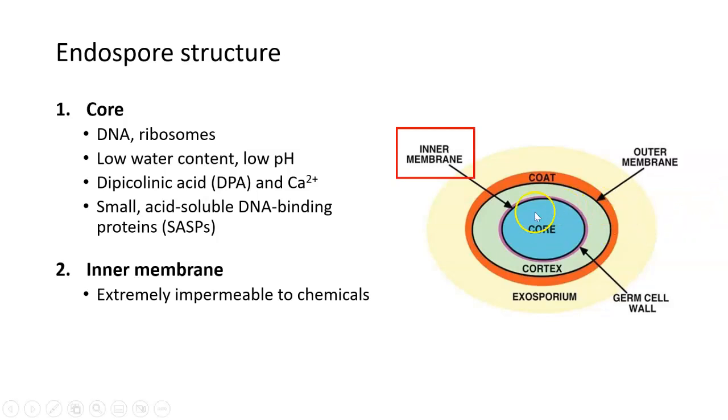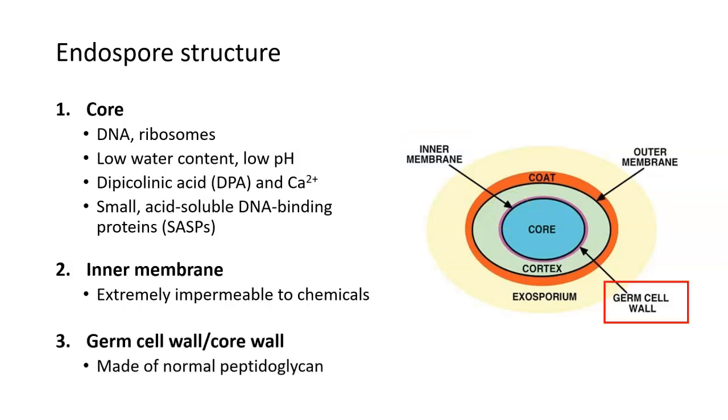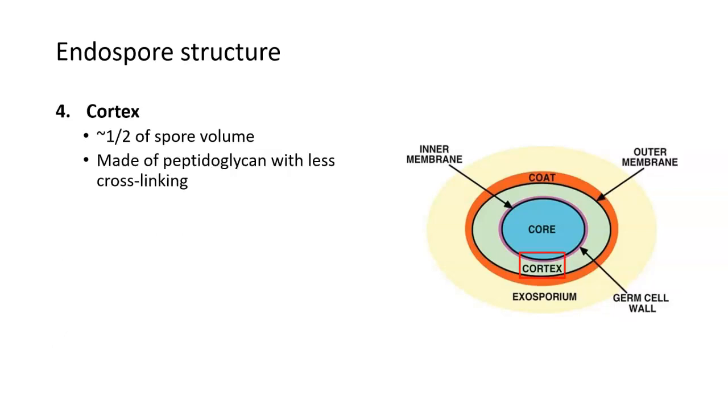Moving outward from the core, the next layer is an inner membrane, which provides some barrier to chemical stressors. The next layer, in purple, is called the core wall or the germ cell wall. It's made up of peptidoglycan, just like the cell wall of the bacteria, and it provides some additional protection as well.